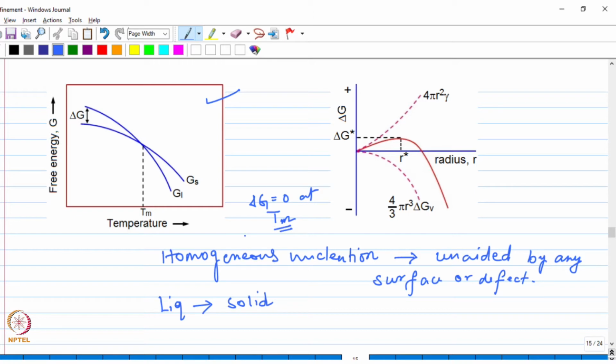Now, if you look at this side below the melting point, you can see that the free energy of the solid, which is this one, is lower compared to that of the liquid.